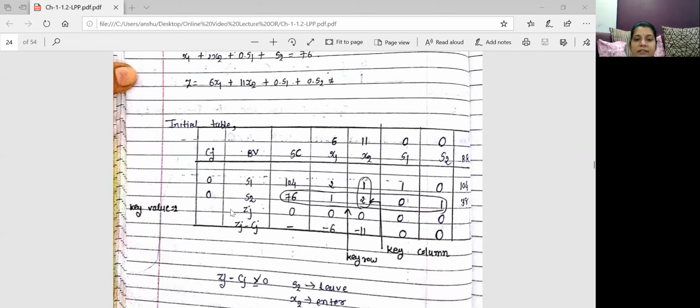Then we find the value of Zj. So what is the method? The method is 104 into 0 plus 76 into 0. So what is the value? 0.